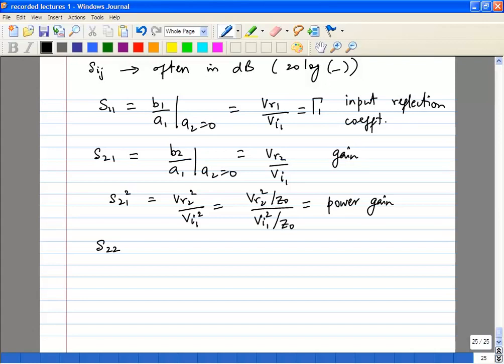The other important quantity S22 is B2 over A2, which is VR2 over Vi2, and this is the output reflection coefficient.